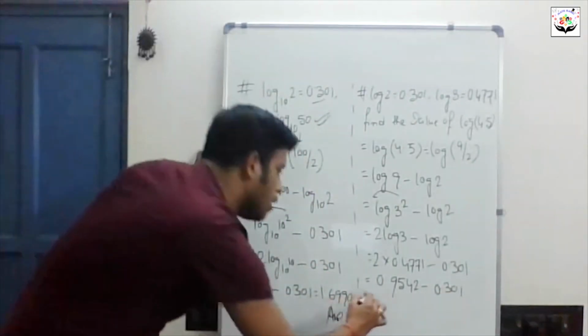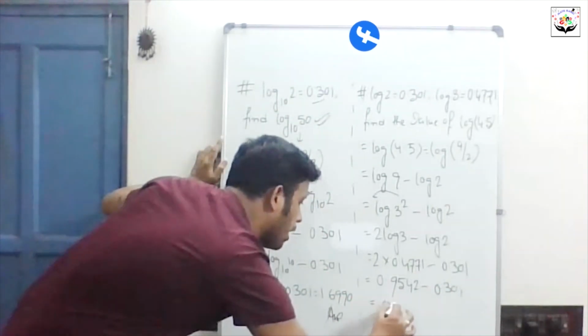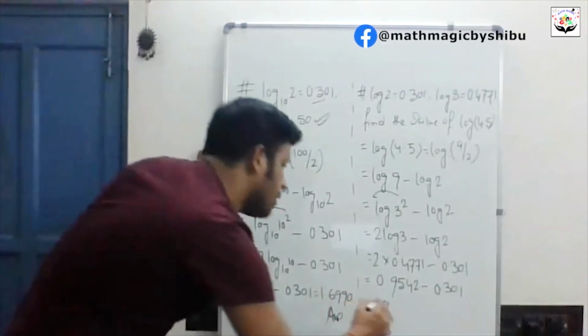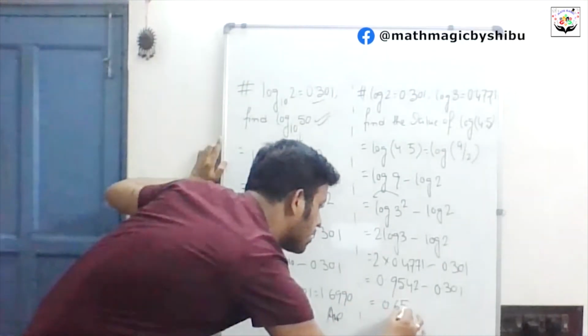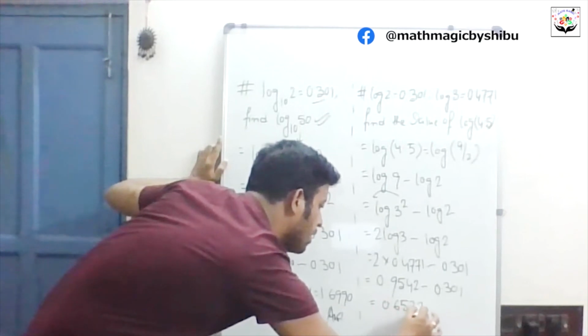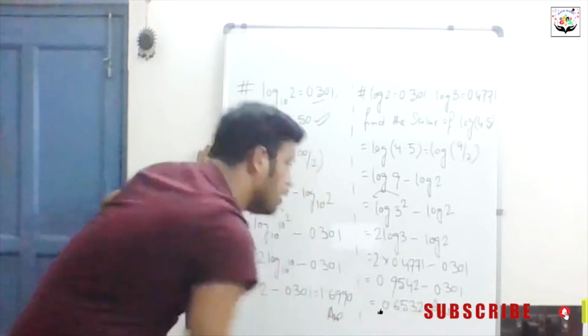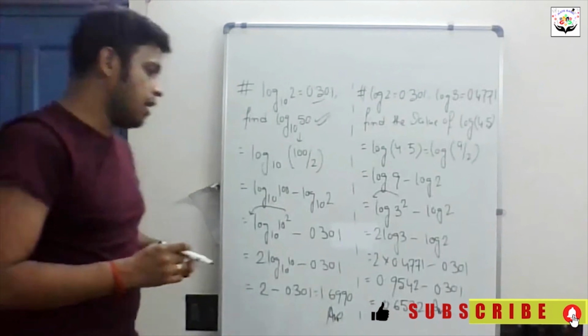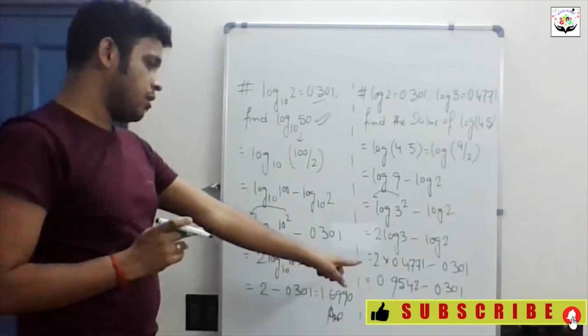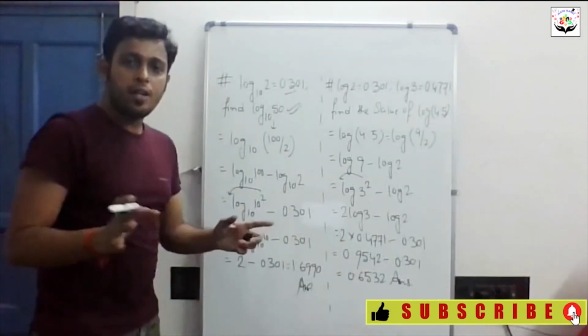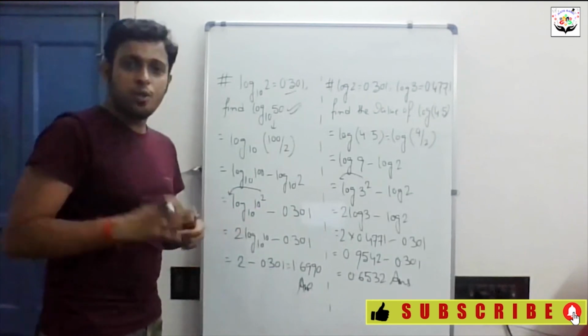So it will become 0.6532. So this will be your answer. So understood? Okay. So we'll go on to the next problem.